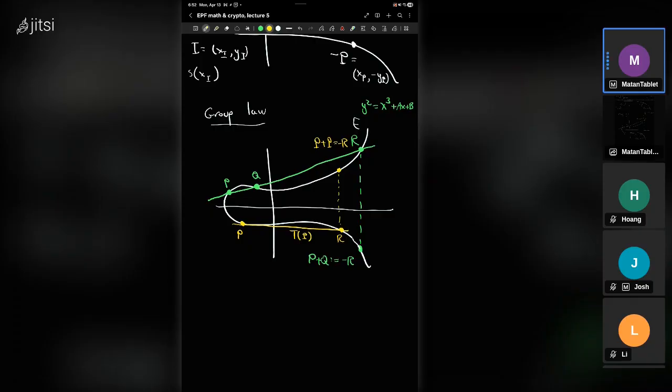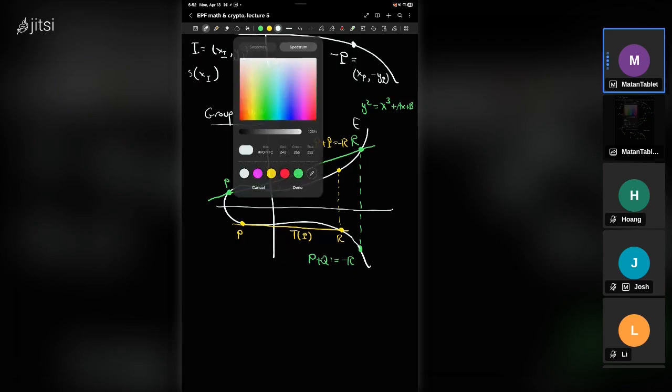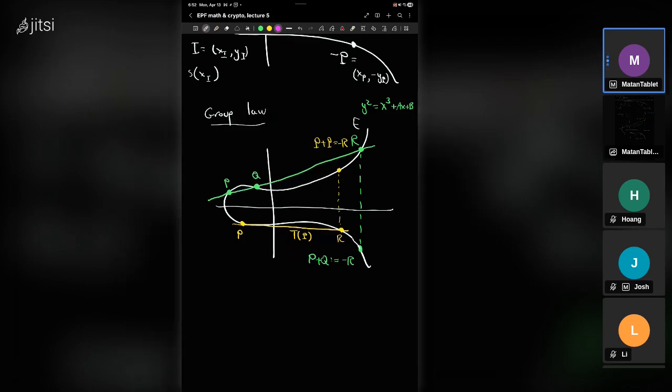And then finally, I have the case of this tipping point of the curve, which we called I before. Again, let's say I want to add I to itself, then I get a tangent line that does not intersect the curve anymore.